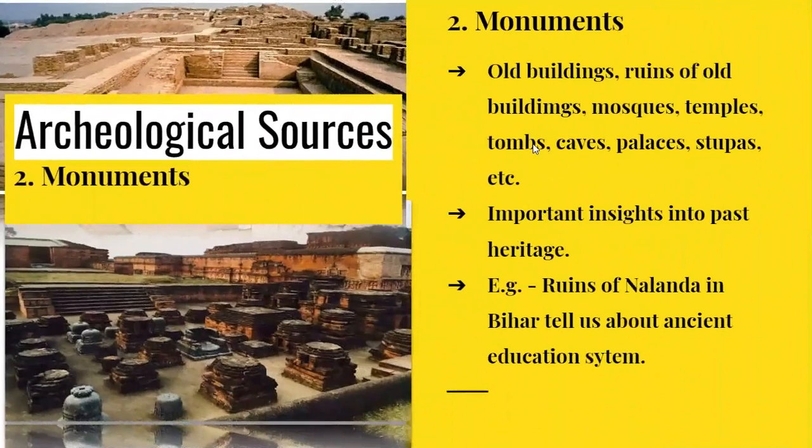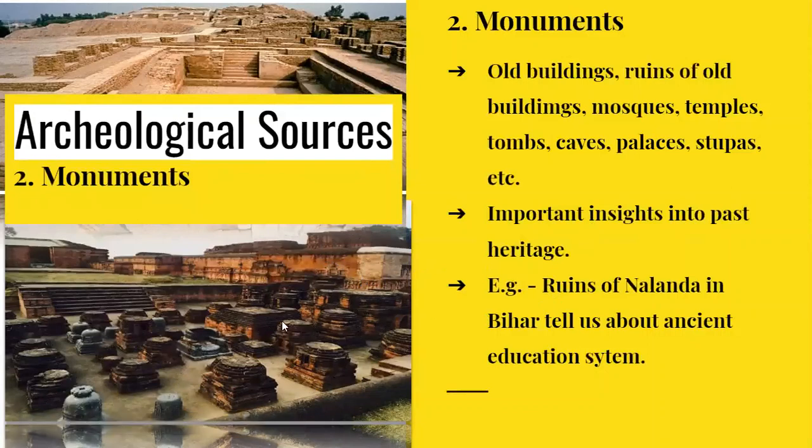Now, what are monuments? Monuments are old buildings, ruins of old buildings, mosques, temples, tombs, caves, palaces, stupas. Now, they offer a very important and interesting insight into the past heritage. For example, children, do you see this picture? This is Nalanda University.